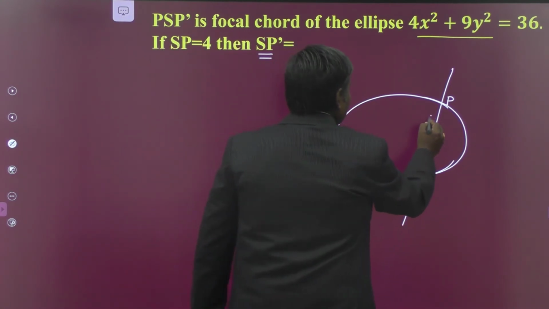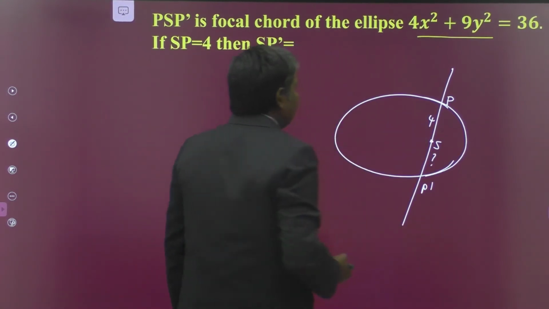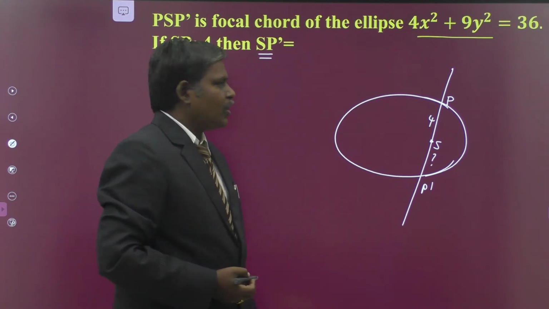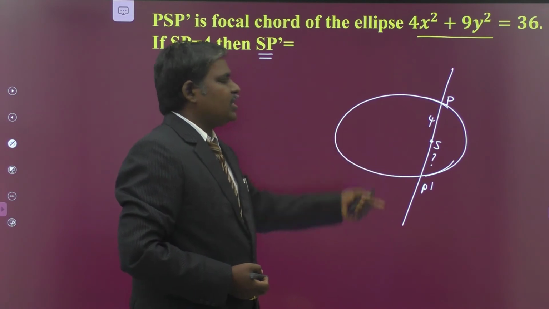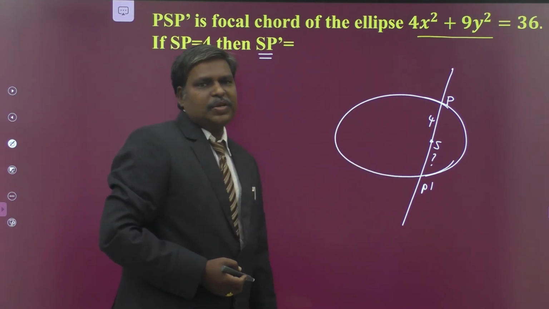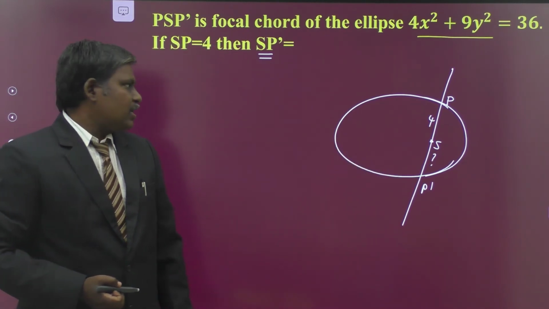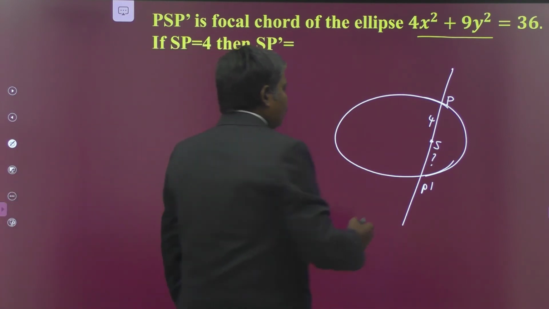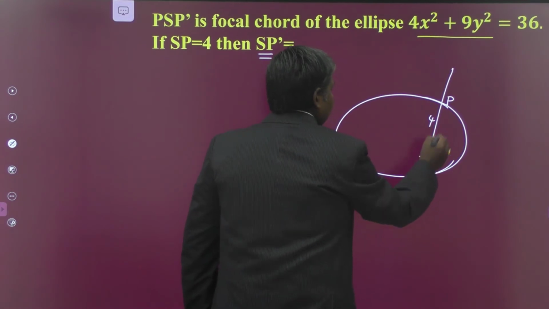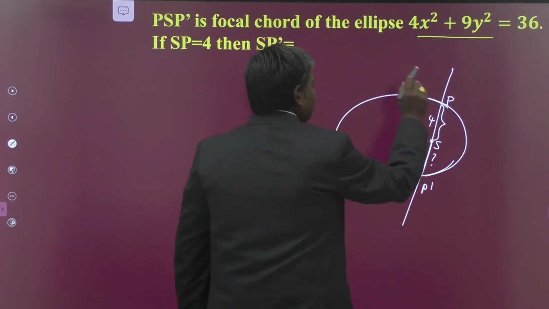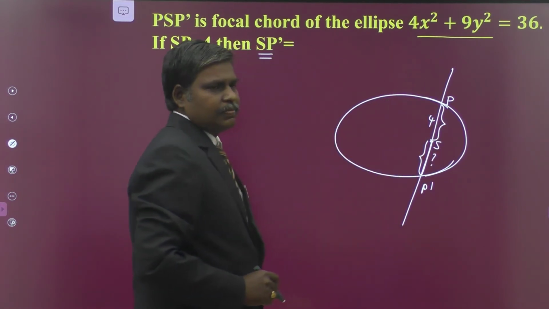SP is given to you, that is 4. They are asking SP dash, not S dash P. If it were S dash P, we could easily write SP plus S dash P is equal to 2a. But we are going to find the other segment. This is one segment, this is another segment. The total length is PP dash.